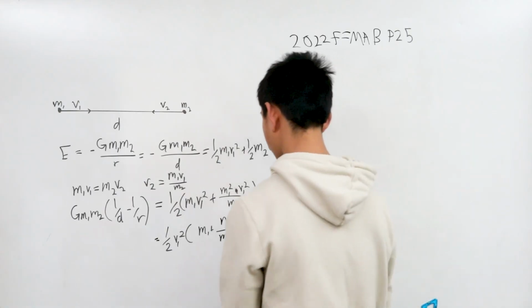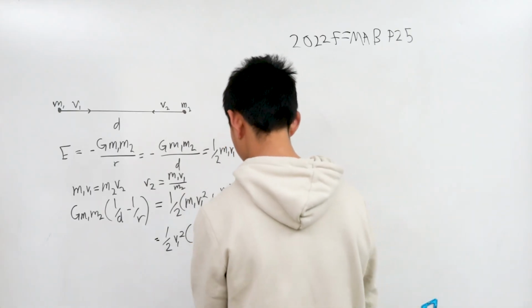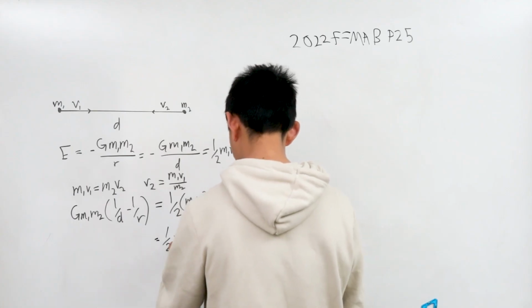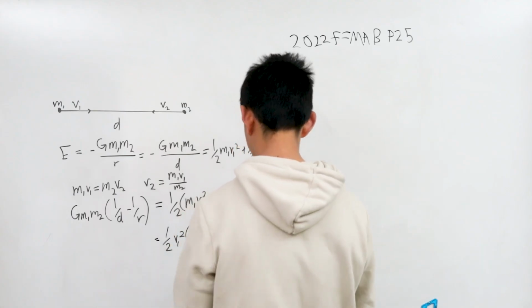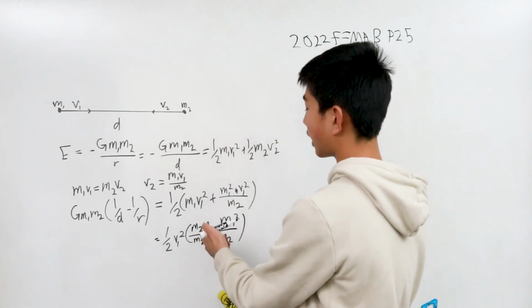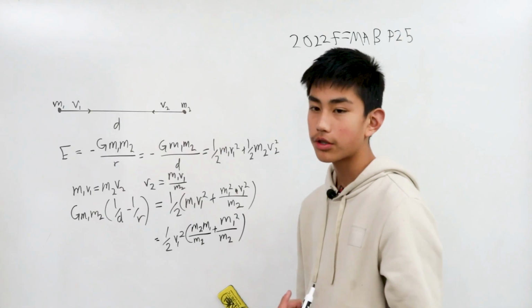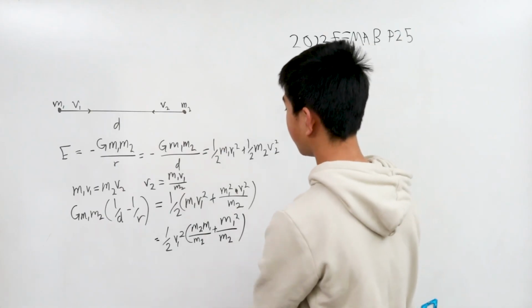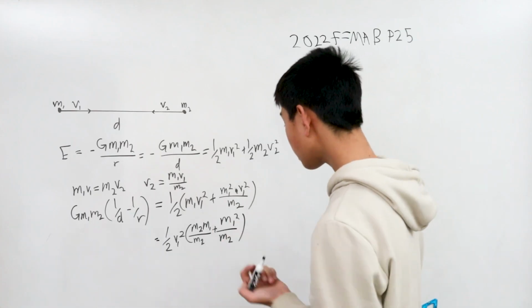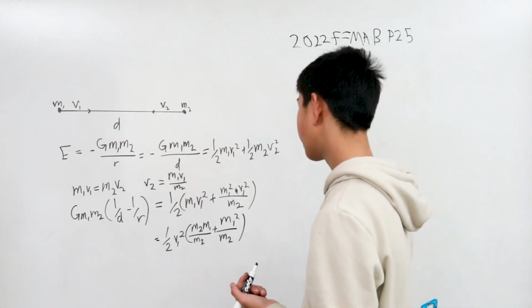So that's where we can change this factor into M2 times M1 over M2. Because M2 over M2 is 1, this value stays the same. And we do that so that we can sum the denominators, and it makes it a lot easier for us to solve.